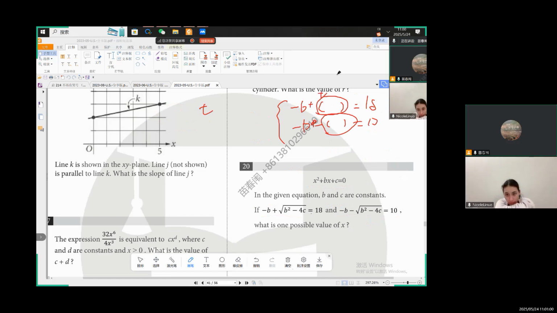When a complicated thing appears again and again, I might use t instead of that. So then it could either be 9 or 5. Either one is okay.